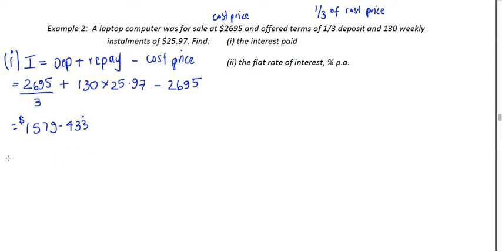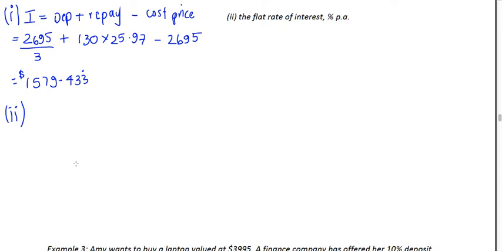Next, we want to calculate the flat rate of interest. So like I did before, I need to use the simple interest formula, but of course, I need a few things here. I've got my interest, there it is up there. Principal. Remember, principal is cost price minus the deposit. Cost price was $2,695. Deposit, $2,695 over 3.